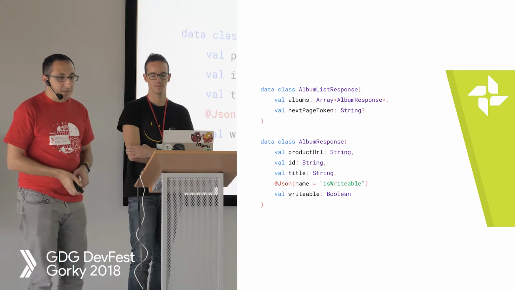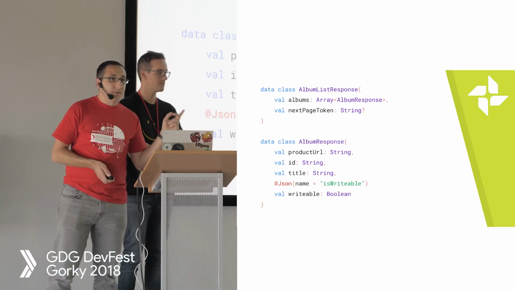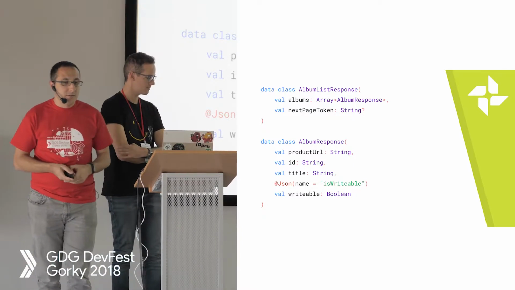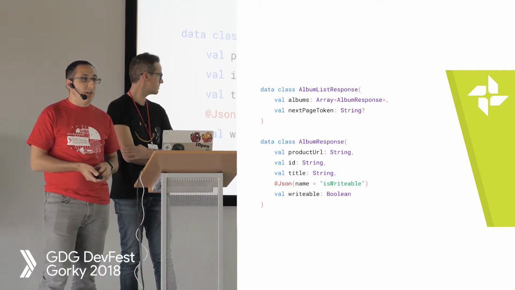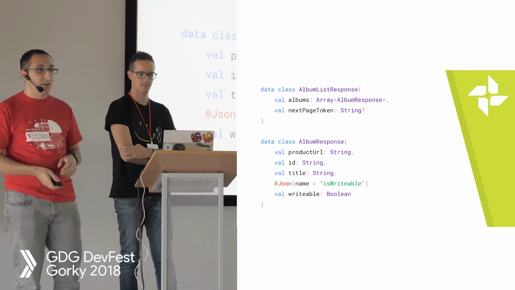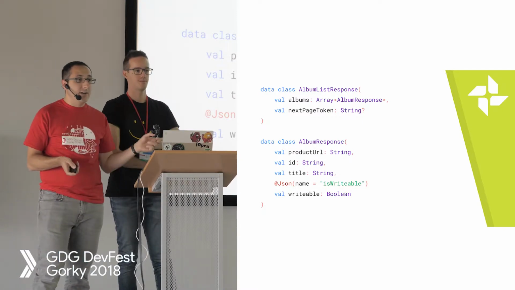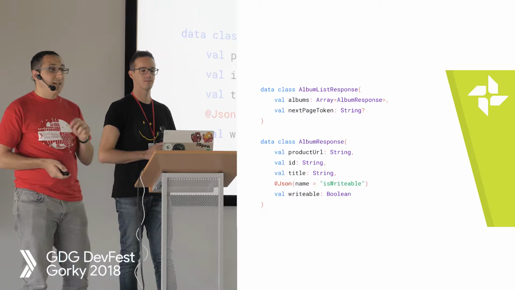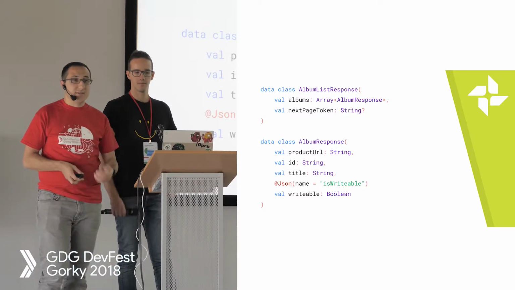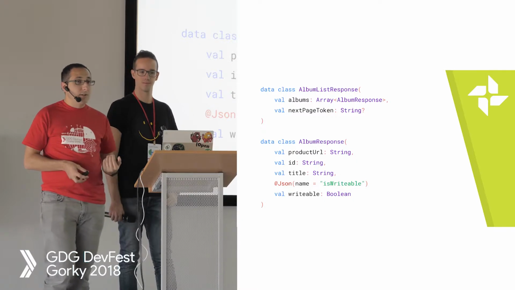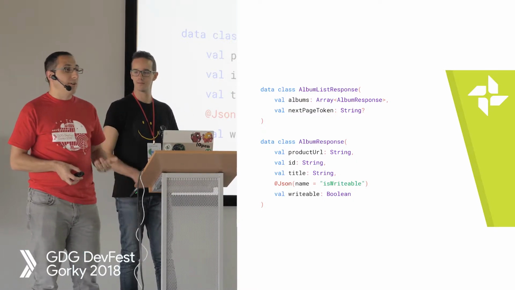So, those are the models that we relied on. As you can see, we still have once more the query token. It's called the next page token, both here and in the function, because we actually need to have this token. Since the results are paginated, we have to know where to go next.